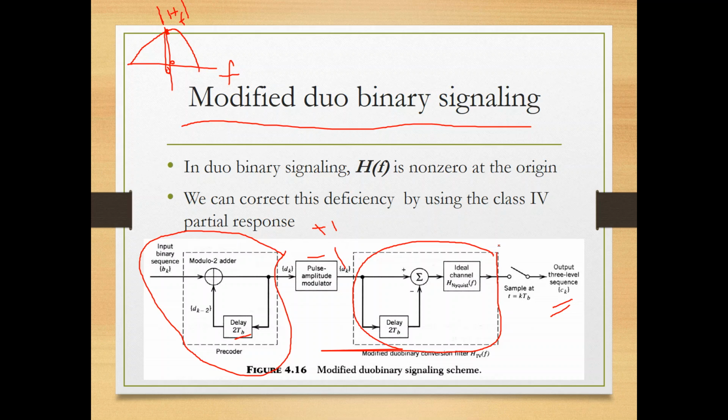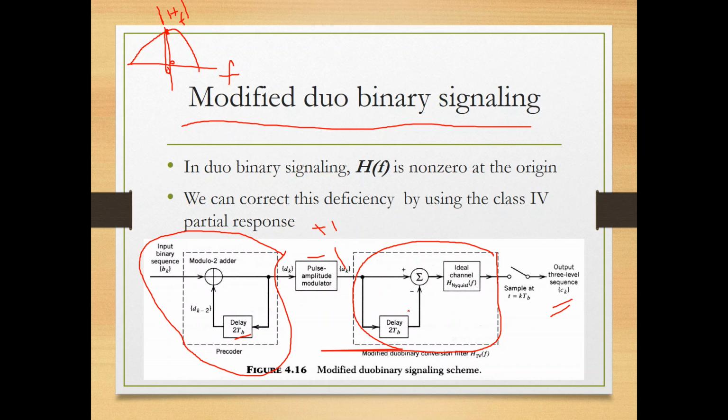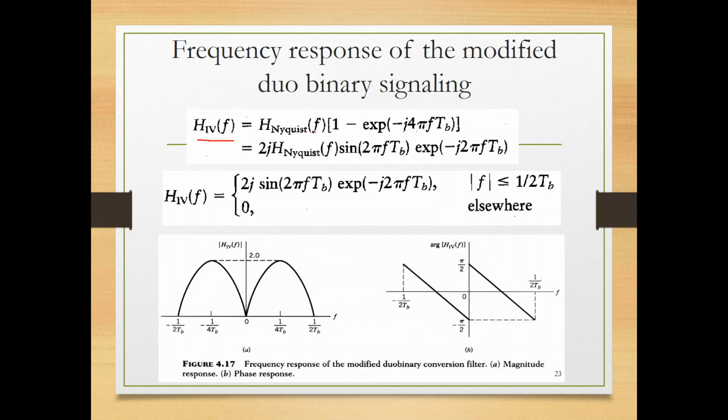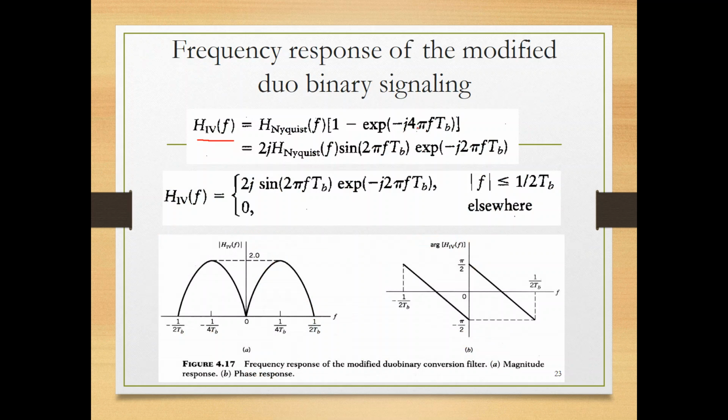Now we understand the block diagram, but what are the mathematical formulas? You say that this block diagram can make sure that the frequency response is 0 at frequency equals 0. But where is it? Can you show it to me in math and in diagrams? We can. This is the frequency response of this filter. When you write this in math, you find that it is equal to H Nyquist in the frequency domain multiplied by 1 minus e to the minus j 4 pi f T_b.